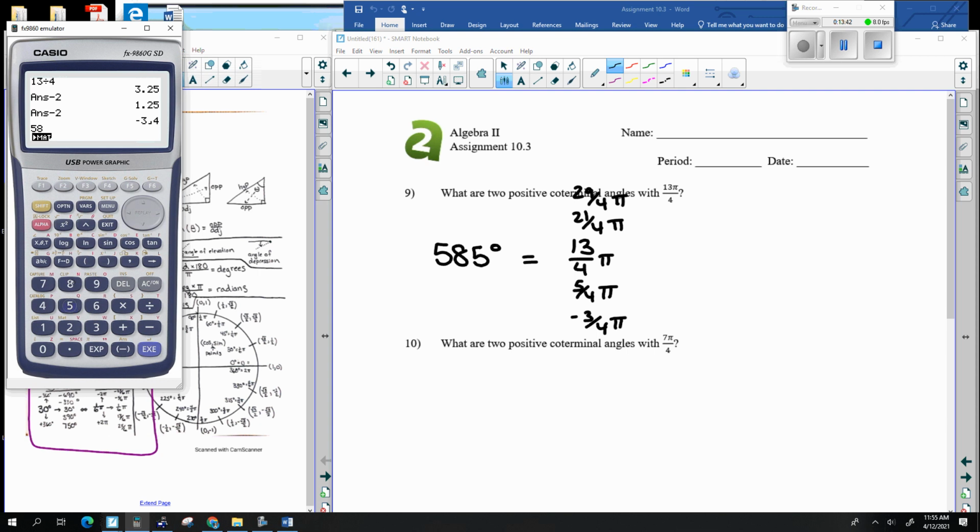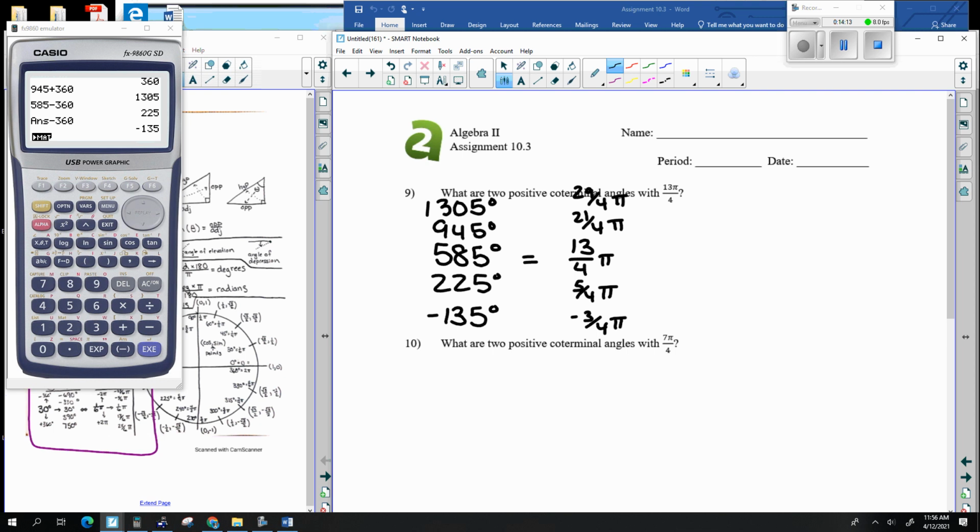Okay. Same with the 585. Let's add circles. So it's 945 and 1,305. And take circles away from it. 225 and negative 135.